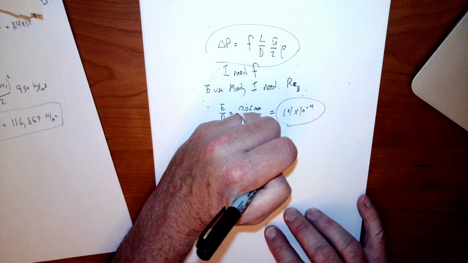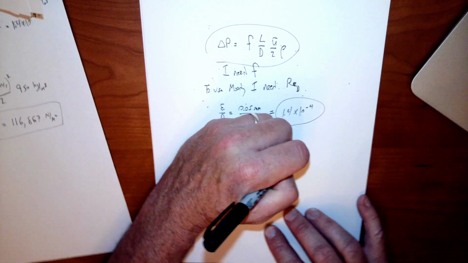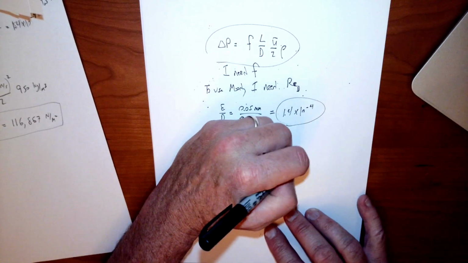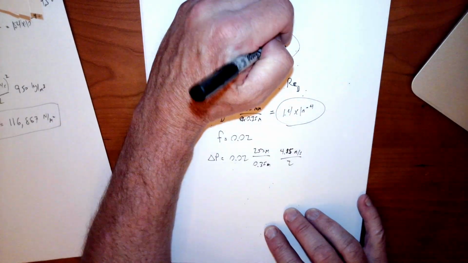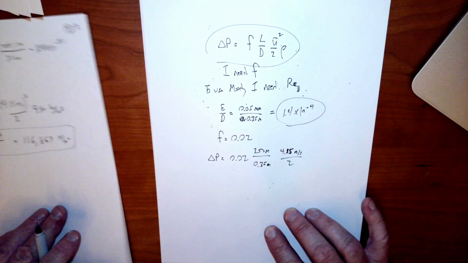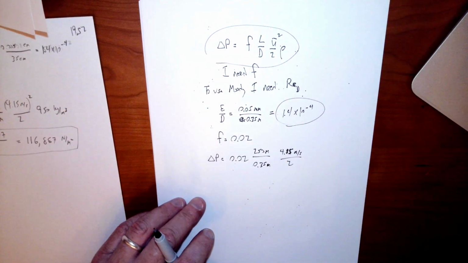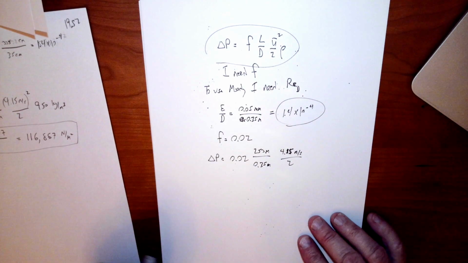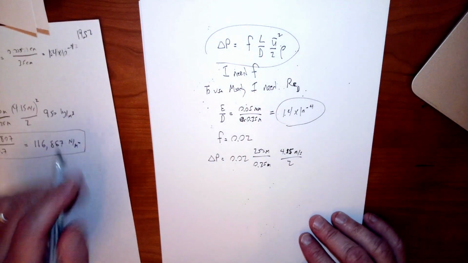And we have the average velocity, 4.15 meters per second, over 2. This is squared, so that was not great. That should have been squared. Hopefully you caught it. And yeah, I did have it squared before.